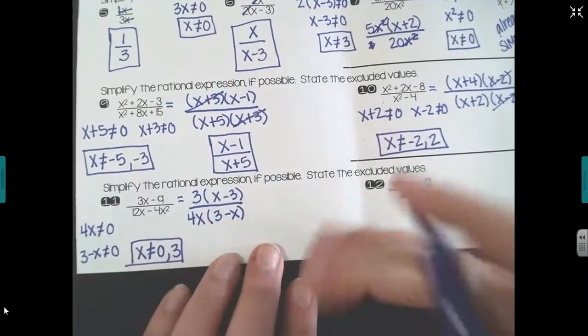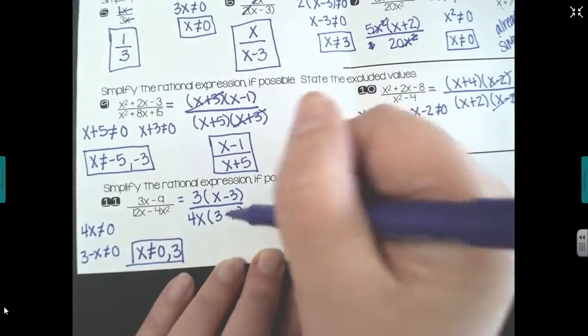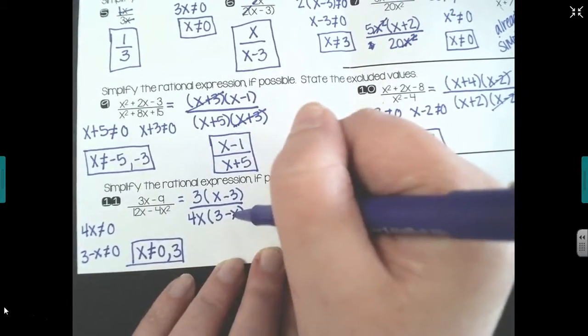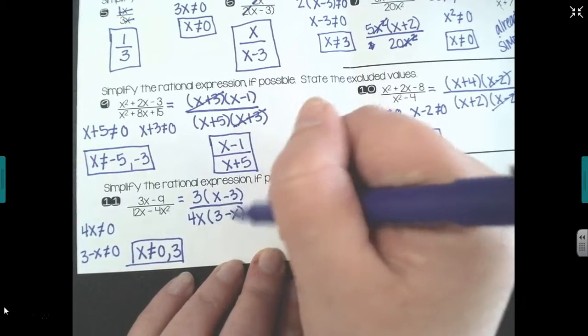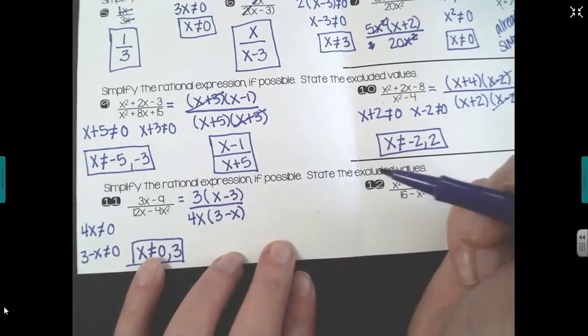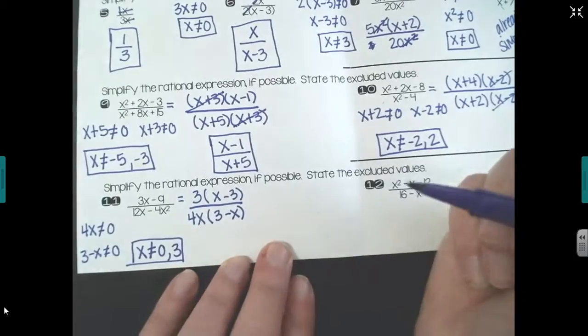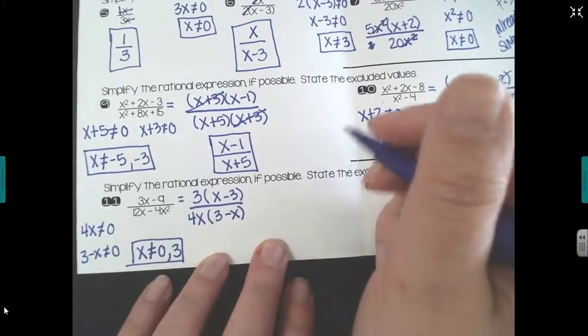Okay. Let's go back over here where we factored. So we have x minus 3 and a 3 minus x. Those are very similar. These are called opposites because they're exactly the same except the signs are different. Where the positive is positive on top, it's negative on the bottom. So we can do what's called factor out a negative 1.